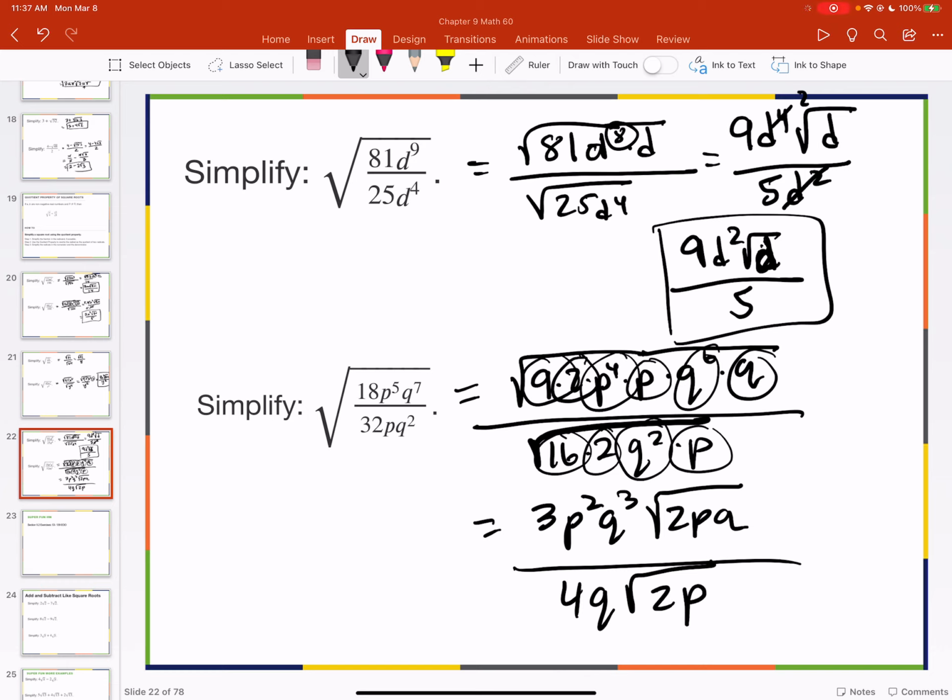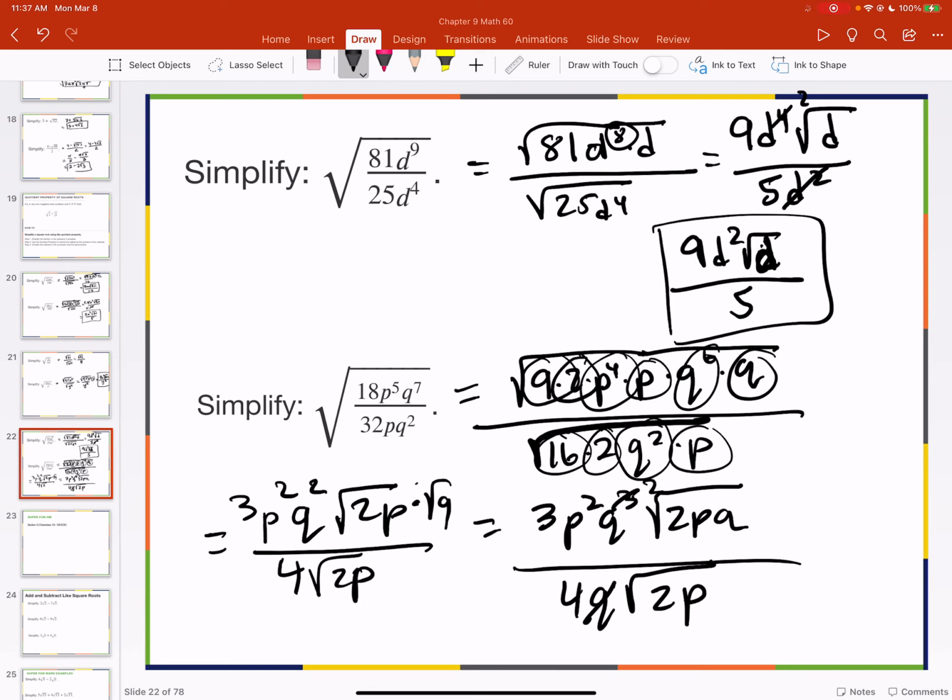So this will cancel out with this here, too. So you have here 3p squared q to the power 2 times square root of 2pq all over 4 times square root of 2p, and then that can cancel out, and then you just have square root of q.